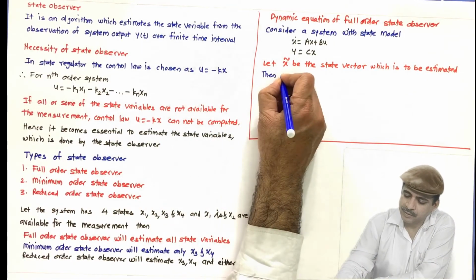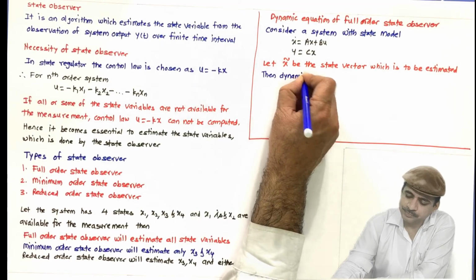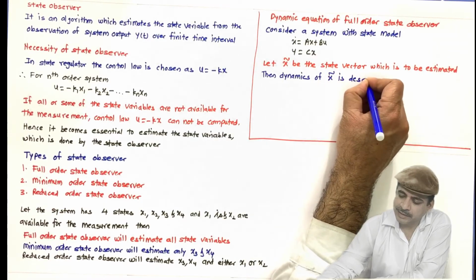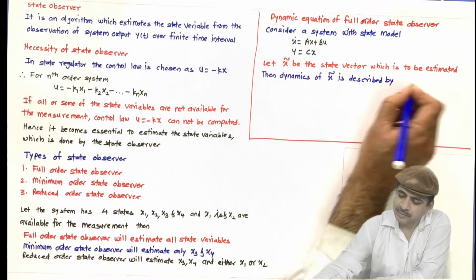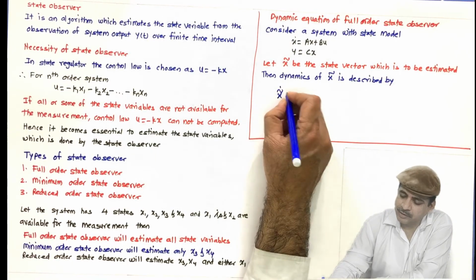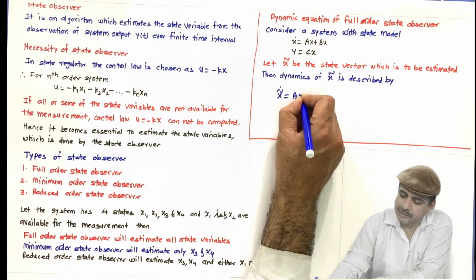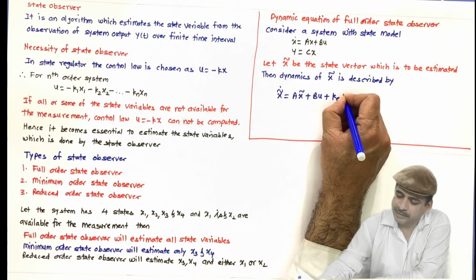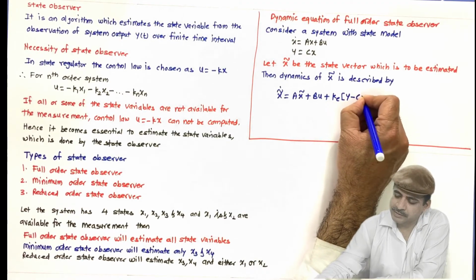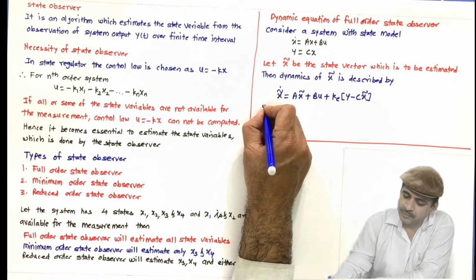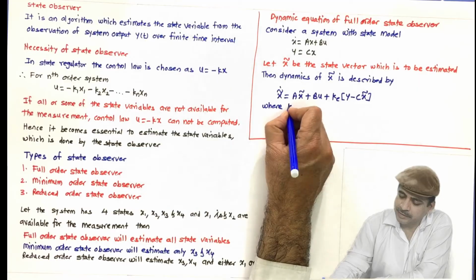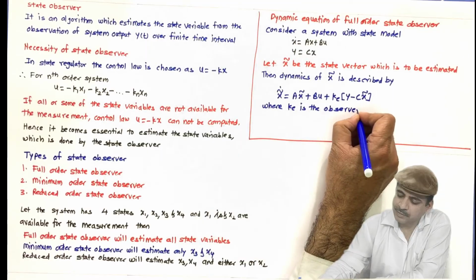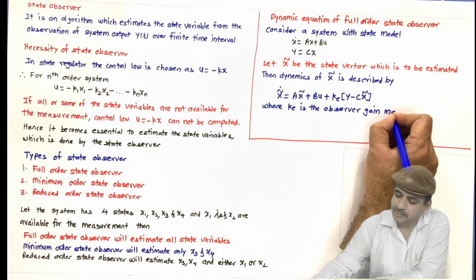Then dynamics of x tilde is described as x tilde dot is equal to ax tilde plus bu plus ke into y minus cx tilde, where ke is the observer gain matrix.